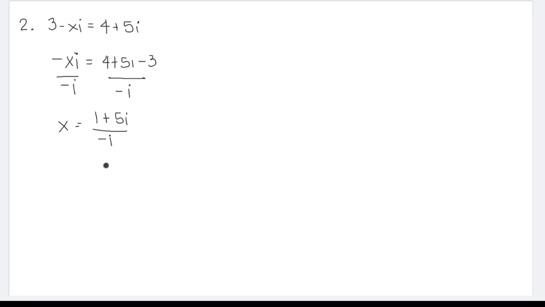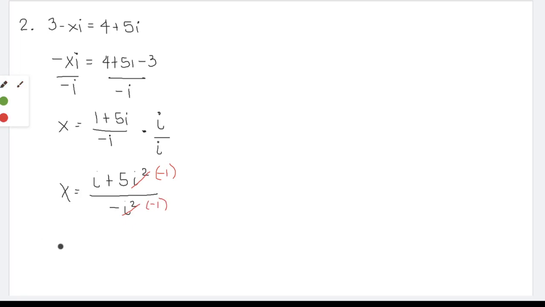Since we have negative i in the denominator, we multiply both numerator and denominator by i. So we have x is equivalent to i plus 5i squared over negative i squared. And i squared is equivalent to negative 1. Same as i squared in the denominator, that's equivalent to negative 1.